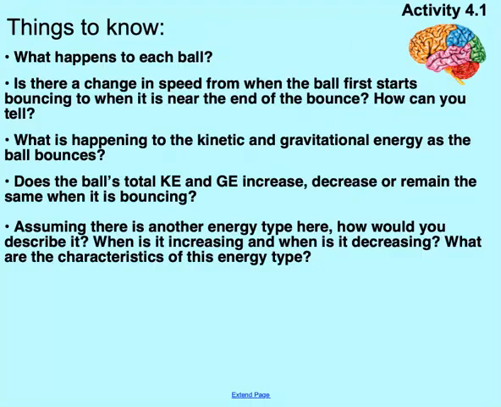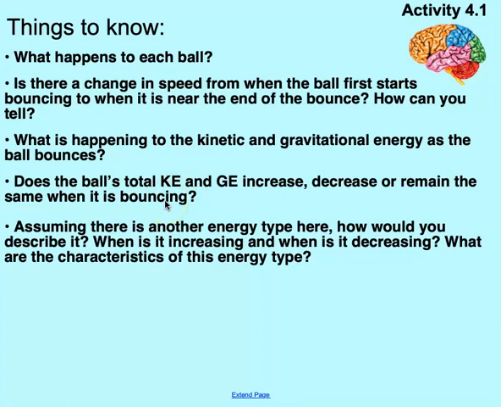So today, these are the things to keep in mind as you're doing today's activity. What happens to the ball, and in this case, each ball, as you look through a falling object, what happens to other balls as they bounce? Was there a change in speed? How can you tell? What happens to the KE and GE in each circumstance? Does the ball's total KE and GE decrease, increase?